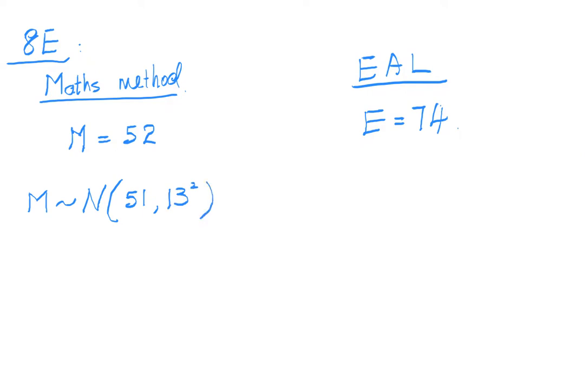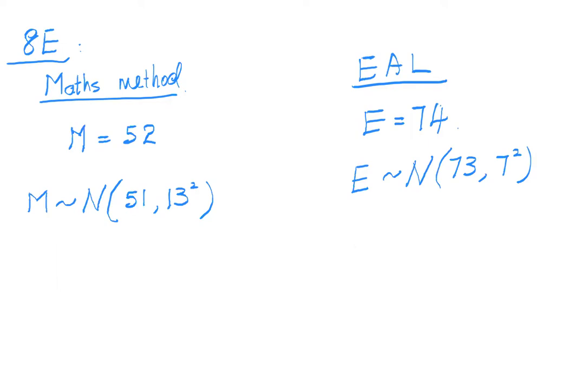And I tell you that the EAL mark is normally distributed, and the mean is 73 and the standard deviation is 7. So now, naturally, you tell me, does this student perform better in Maths or EAL? Just based on this judgment, now you judge.